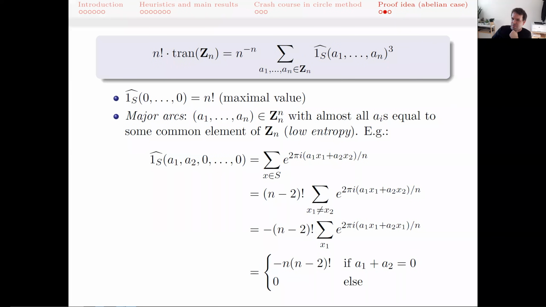I think there is not much hope to improve on this. That would mean that we need to have an almost perfect knowledge of our minor arcs as well, because these minor arcs then come heavily into play, and it would be really hard to calculate the exact value of the minor arcs.